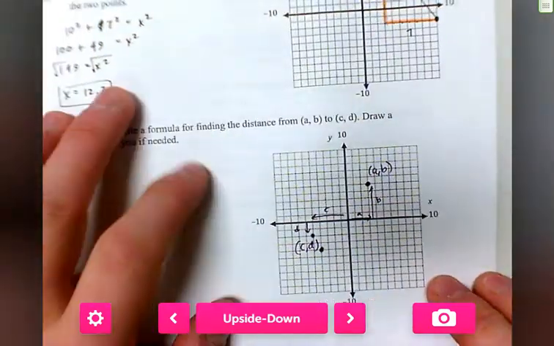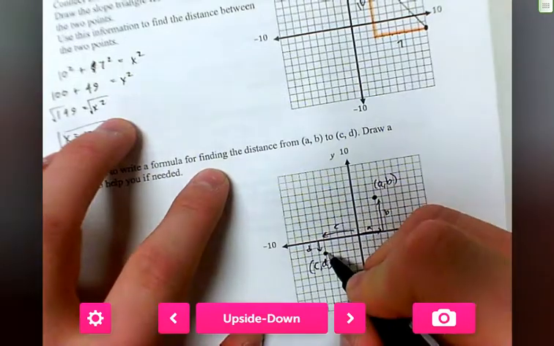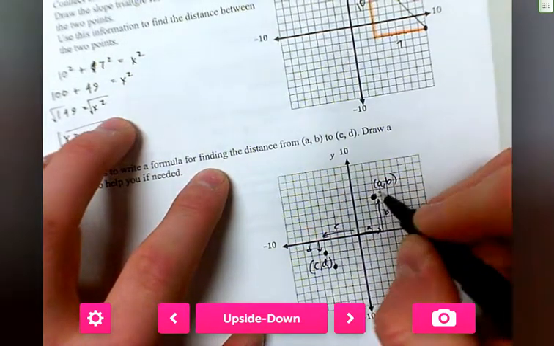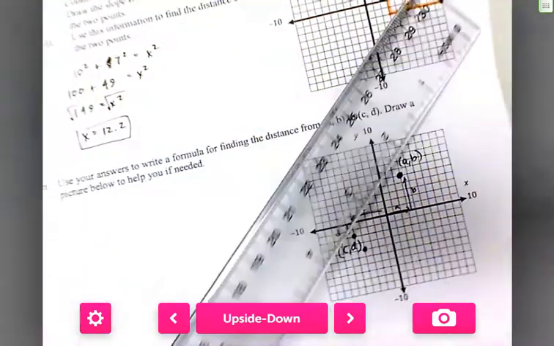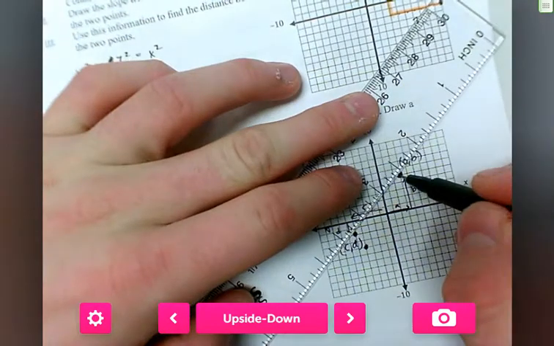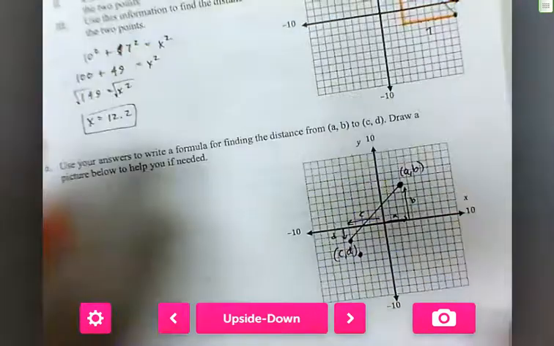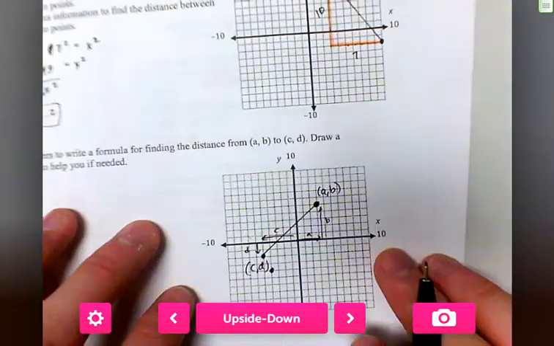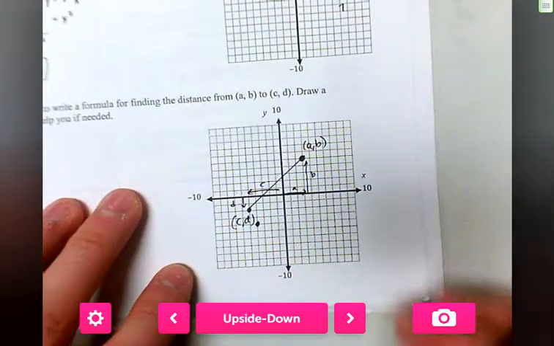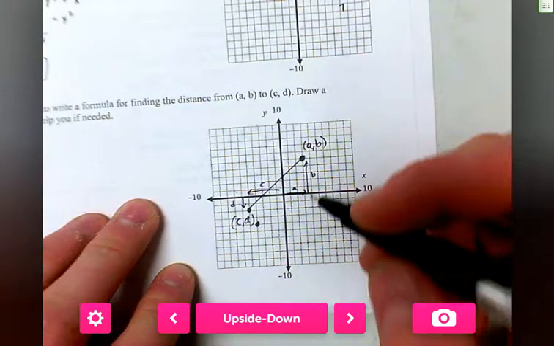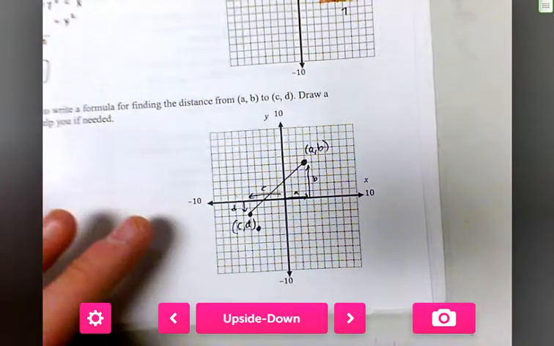Okay, are you hanging in with me here so far? Okay. So, I'm going to draw a line between them. Now, the reason that I drew these things on here, hopefully you can see it right there, is now we're going to make a triangle with this thing.